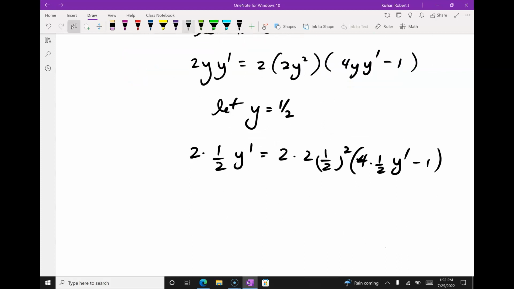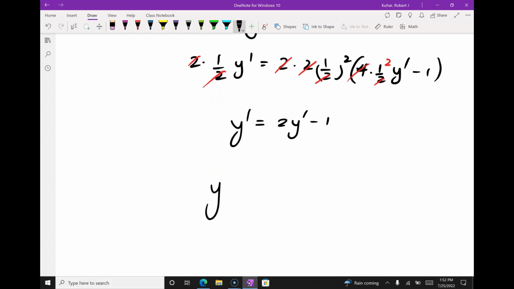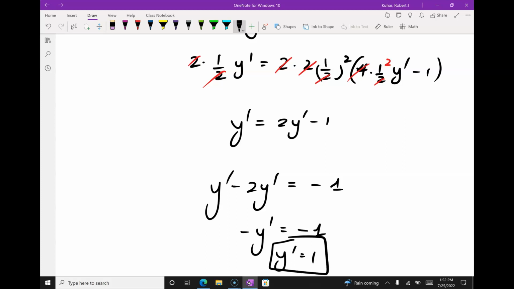So this way, everything kind of will cancel out here. So it looks like I get y prime equals 2y prime minus 1. So y prime is 1. The slope is 1.